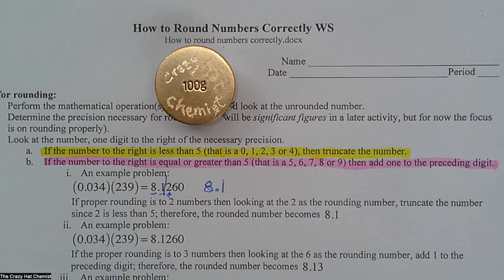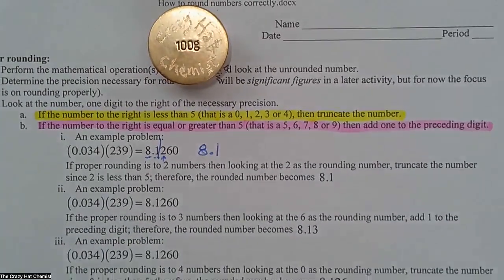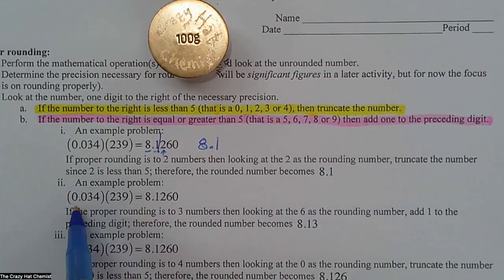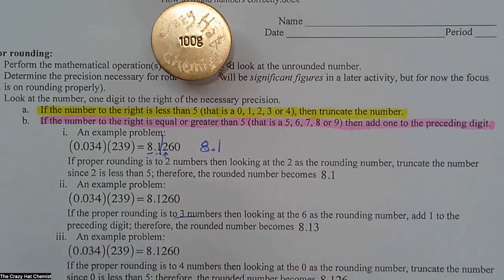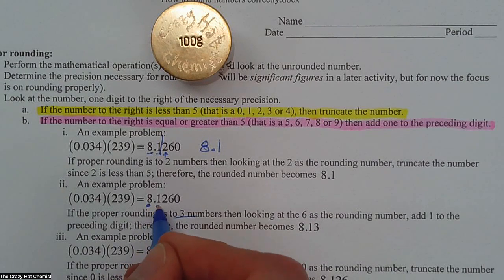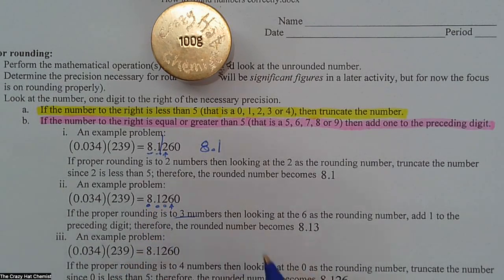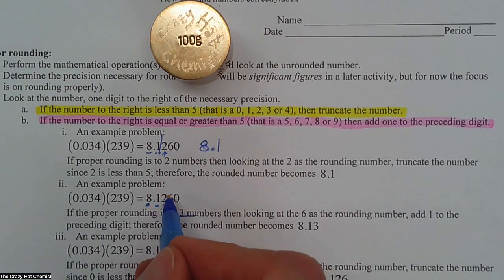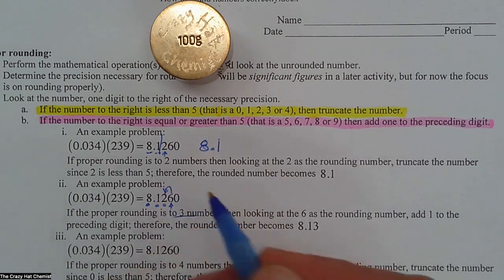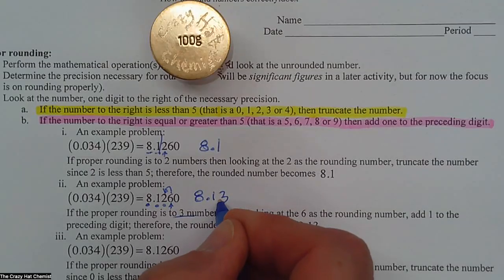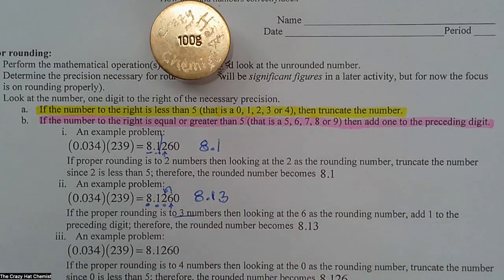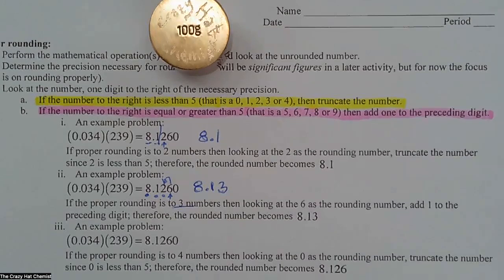If our proper rounding is to 3 numbers, we look at 1, 2, 3 numbers, and we are rounding with this 6. That 6 is 5 or greater, so I'm going to add 1 to the preceding digit. This will become 8.13. We added 1 to the 2, that was the preceding digit.